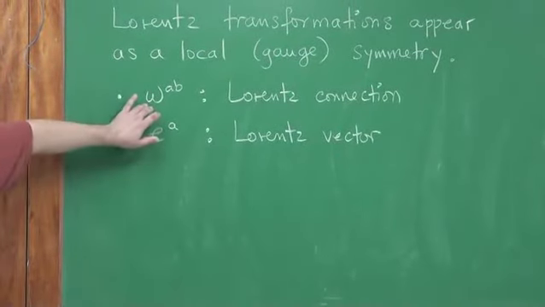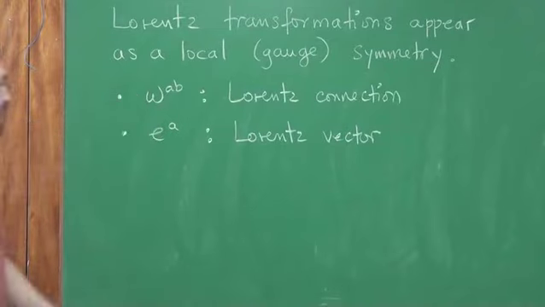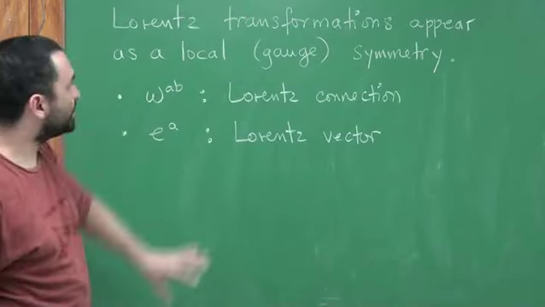And this omega, this spin connection, is actually a gauge connection, a Lorentz connection for these gauge transformations.